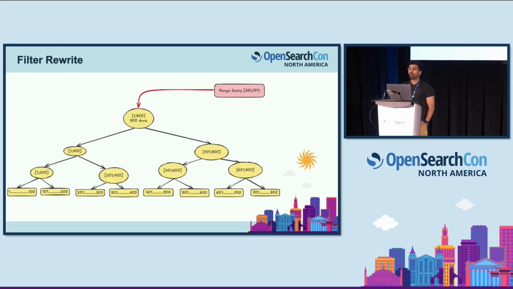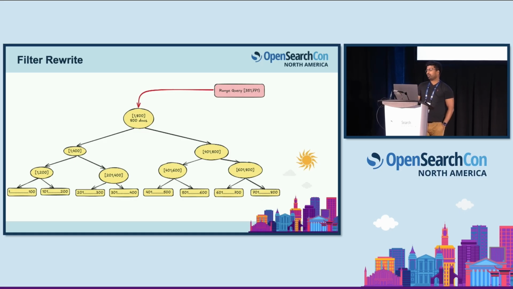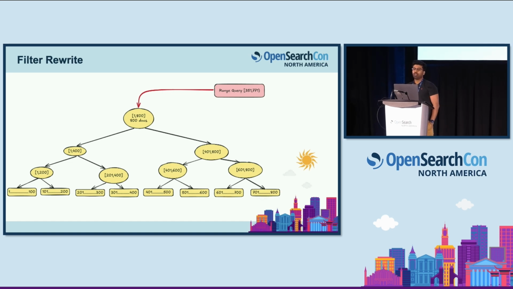Now let's say you want to count the number of documents for the range query 351 to 771. So you will start at the top of this BKD tree, right? And you notice that the range on the top says 1 to 800.